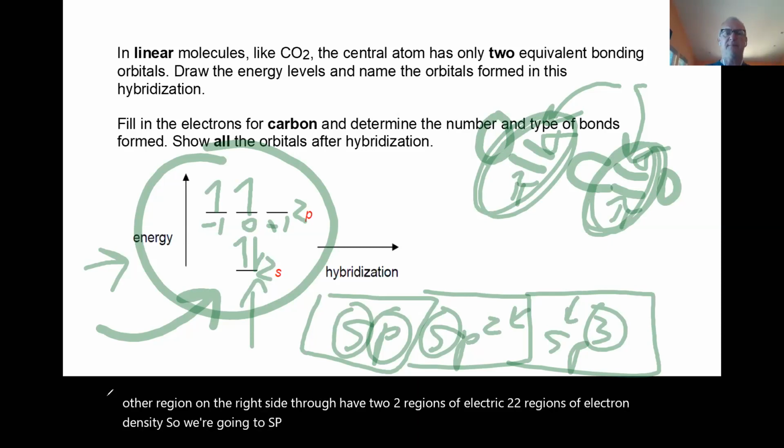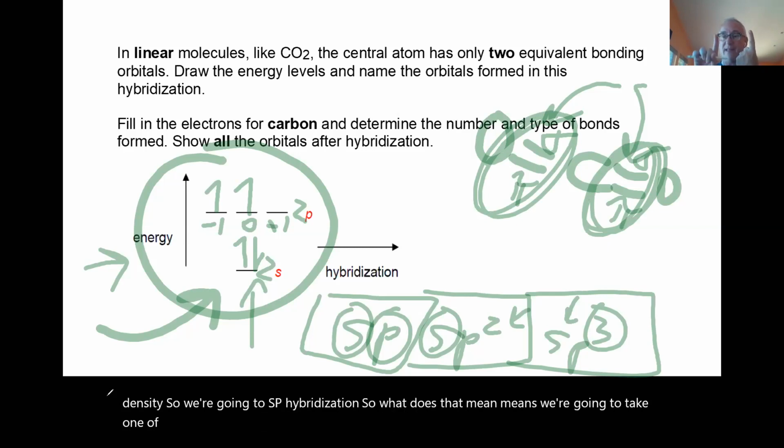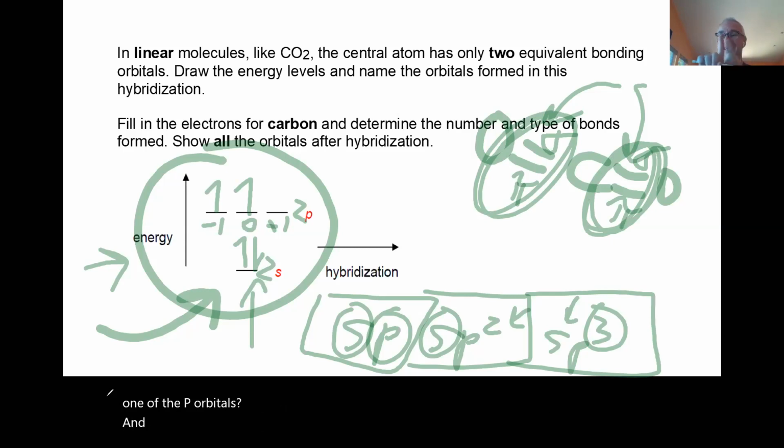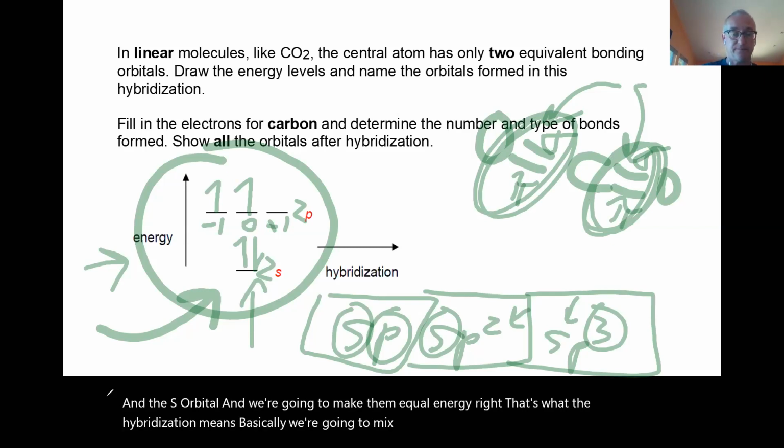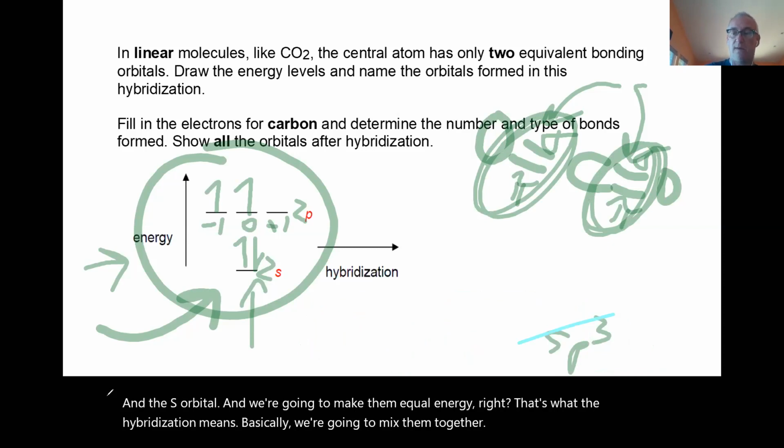So what does that mean? It means we're going to take one of the p orbitals and the s orbital, and we're going to make them equal energy, right? That's what the hybridization means. Basically, we're going to mix them together. So what does that look like?